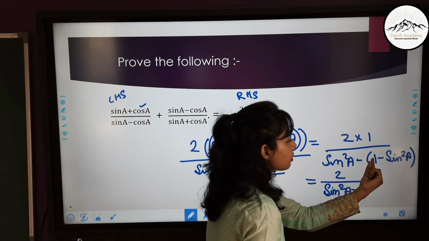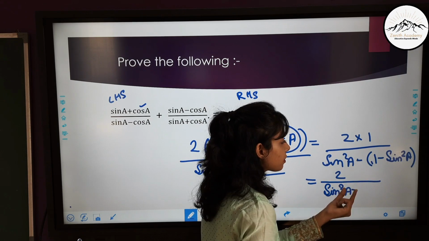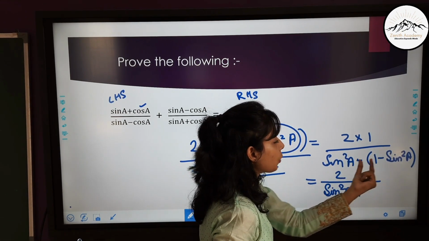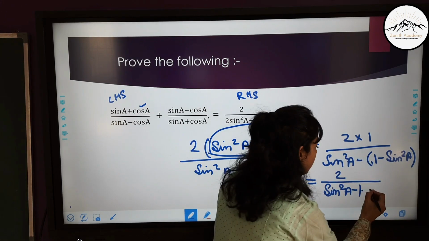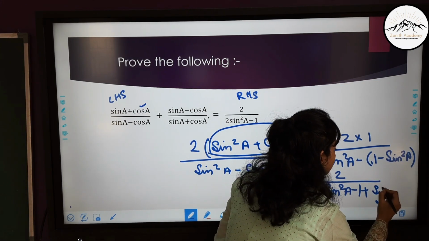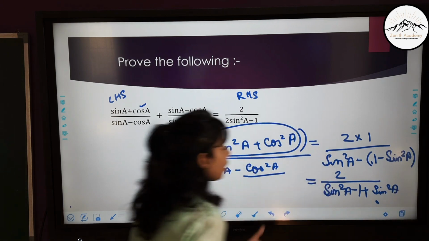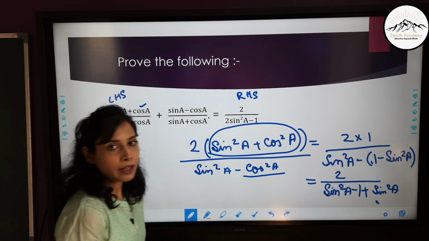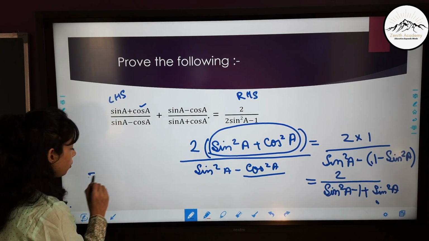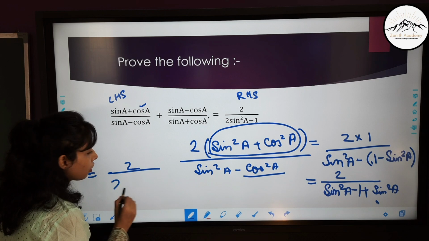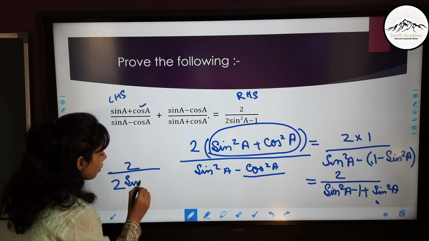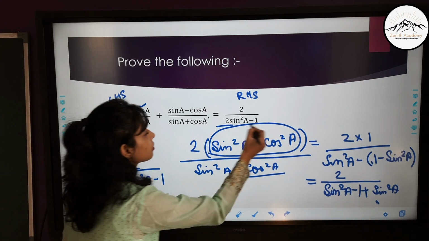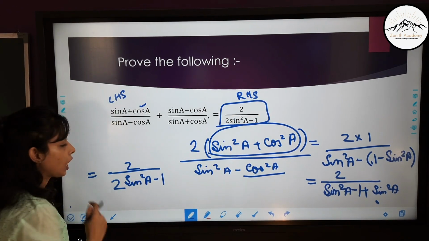Since this is plus 1, plus minus is minus, so this is minus 1, and this is minus sin square, so minus minus will become plus, so plus sin square A. Now we have almost got our answer. It is 2 times sin square A minus 1. So 2 upon 2 sin square A minus 1, and hence this is what we need to prove.